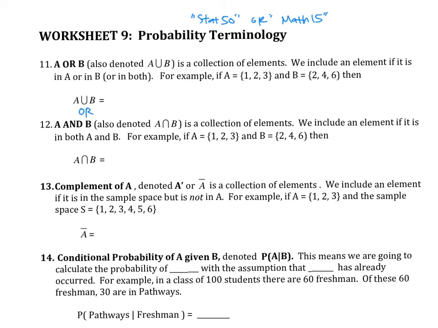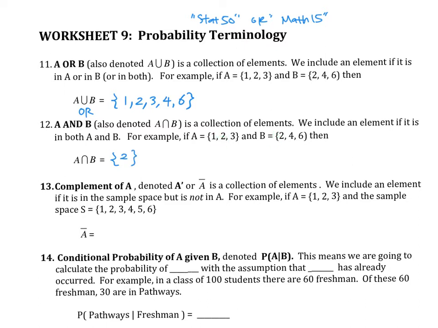We'll just call it A or B. That will contain person number 1, person number 2, person number 3, 4, 6. There are just a lot of people, because they either took class A or class B, right? Whereas when it says A and B, that means you have to take both classes. So in that example, it's 1, 2, 3 and 2, 4, 6. 2 is the only person who took both classes.